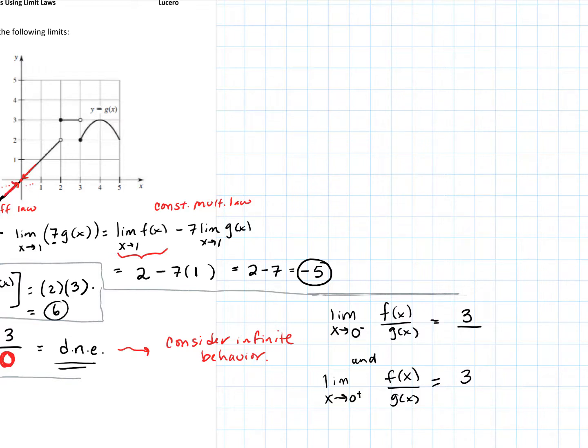As the x values get closer and closer to 0 from the left, we're thinking of plugging in something like negative 0.001. We're getting closer and closer to 0, but coming from the left, so we're negative. What's happening here is we're actually approaching 0 in a negative way. We're getting very small. Another way to write that is to say 3 divided by a very small negative number.